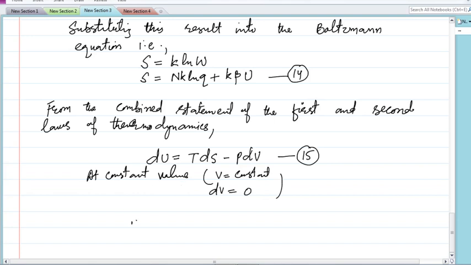So equation 15 can also be written in terms of partial derivatives: dou S upon dou U at constant volume will be equal to, because this term will go to 0, 1 upon T. So this is equation number 60.